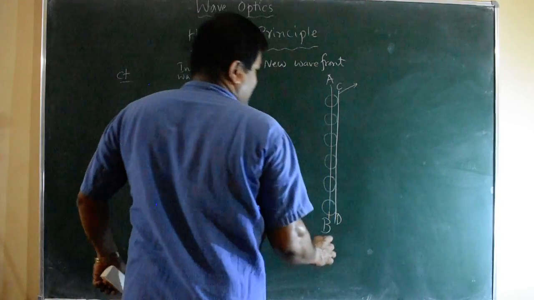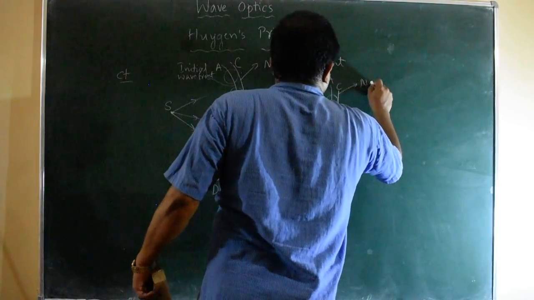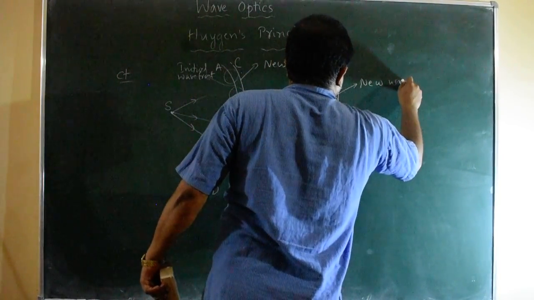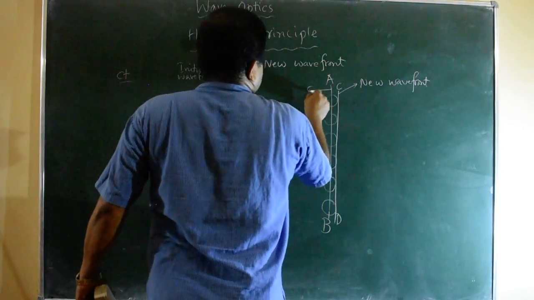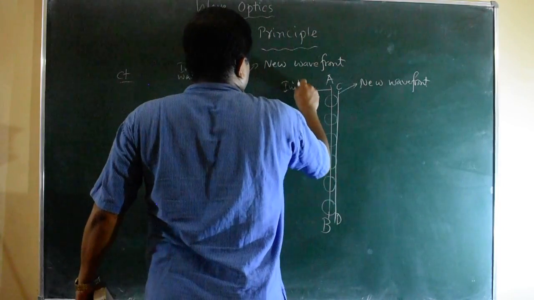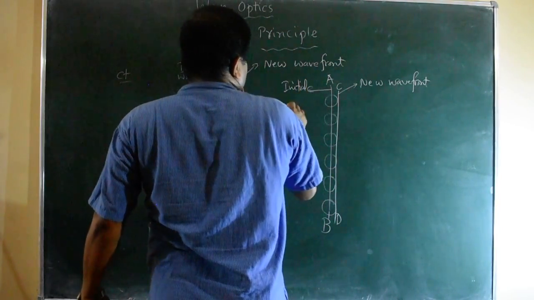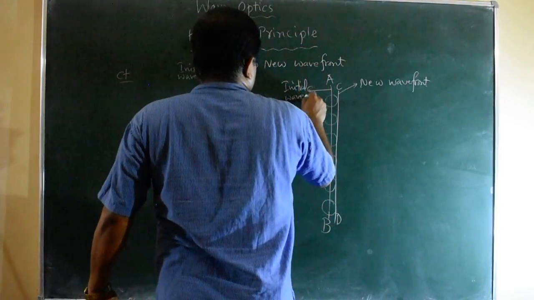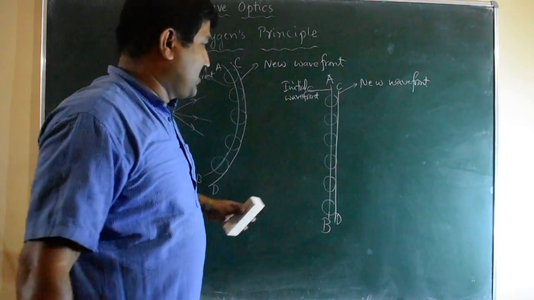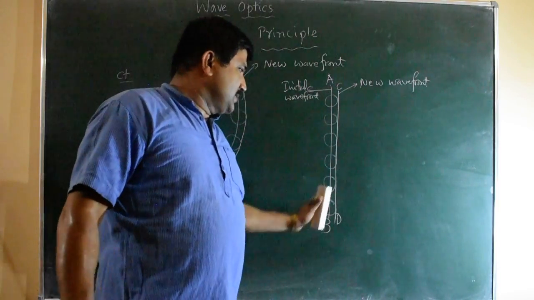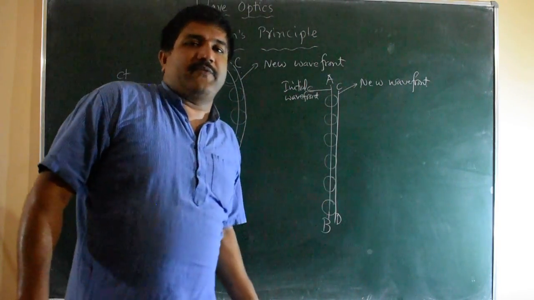CD is the new wavefront. Okay, new wavefront obtained. So AB is the initial or original wavefront. The new wavefront is obtained by drawing a tangential surface to the secondary disturbance or secondary wavelets.